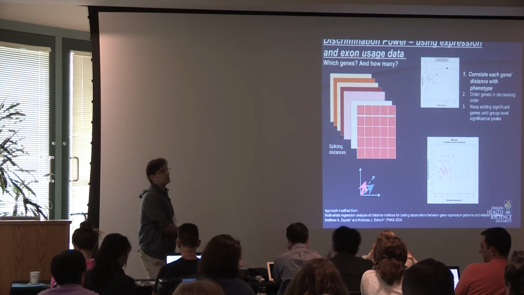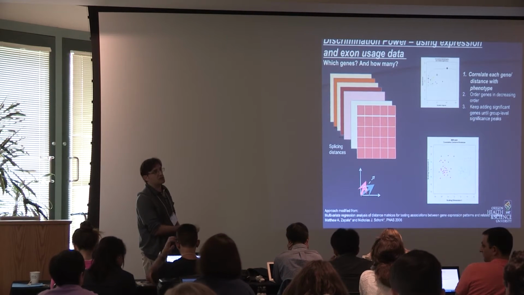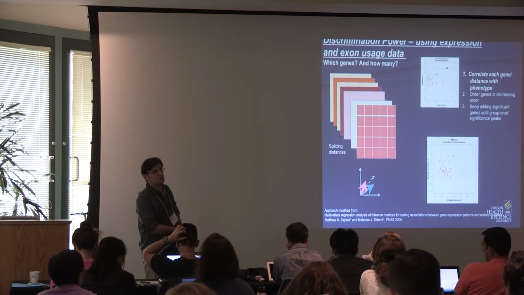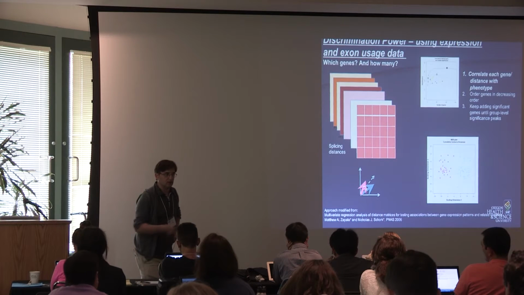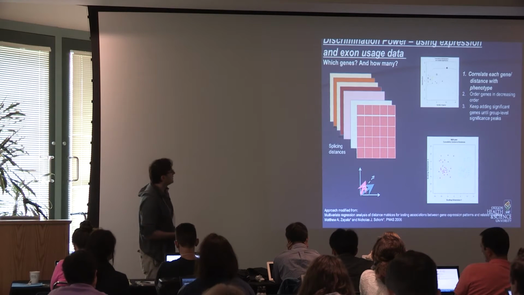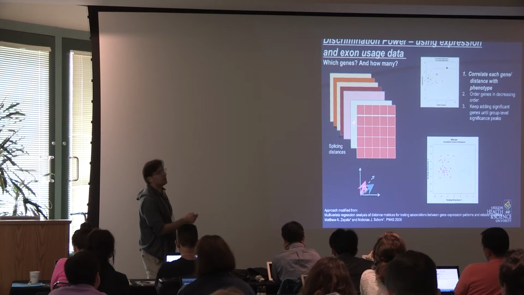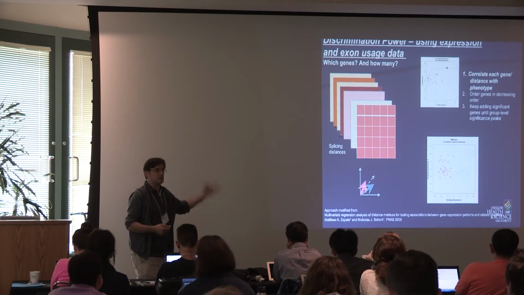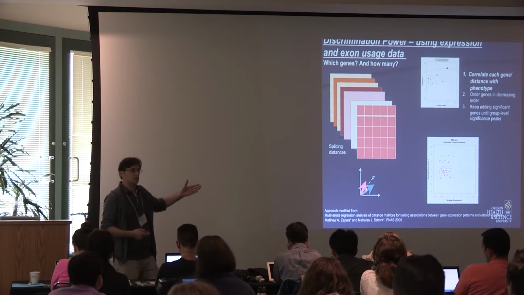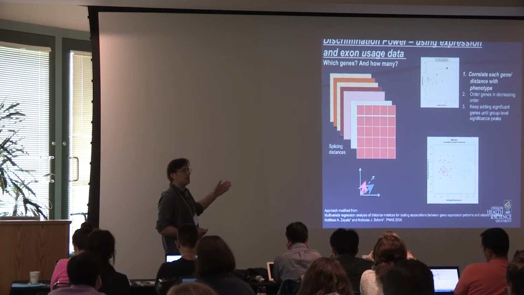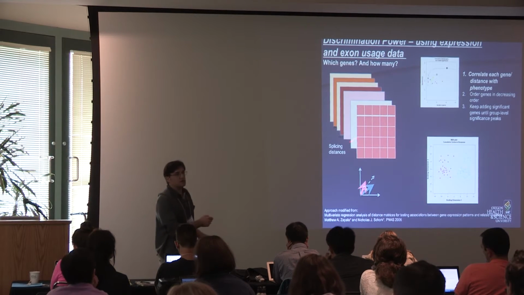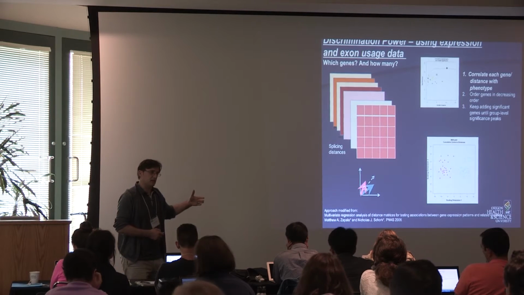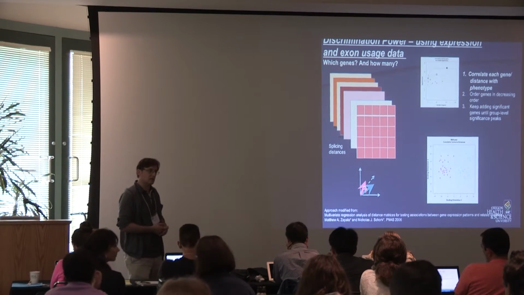No. So the reason to use this is because of the forward selection. The only reason to use this as opposed to differential exon usage, differential exon expression, is because I can combine them in this way. If you just restrict yourself to differential exon usage, how are you combining them? So the benefit of this is that you can combine them easily. Is that what you're asking?